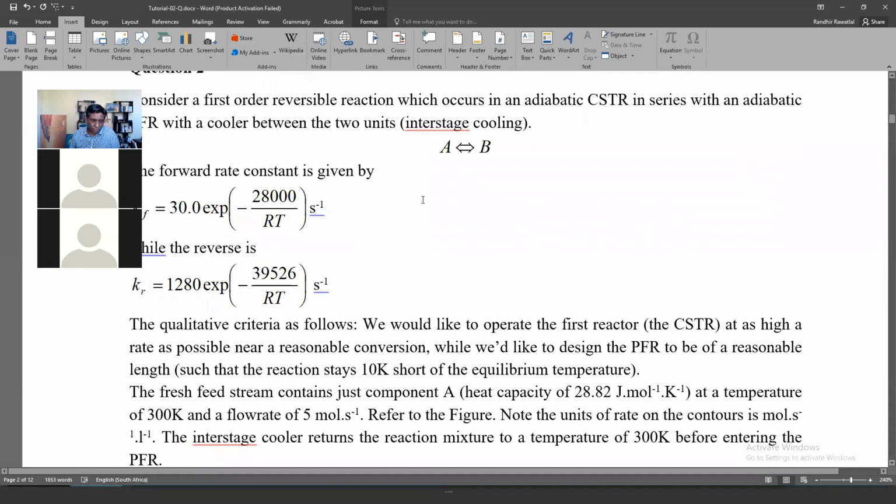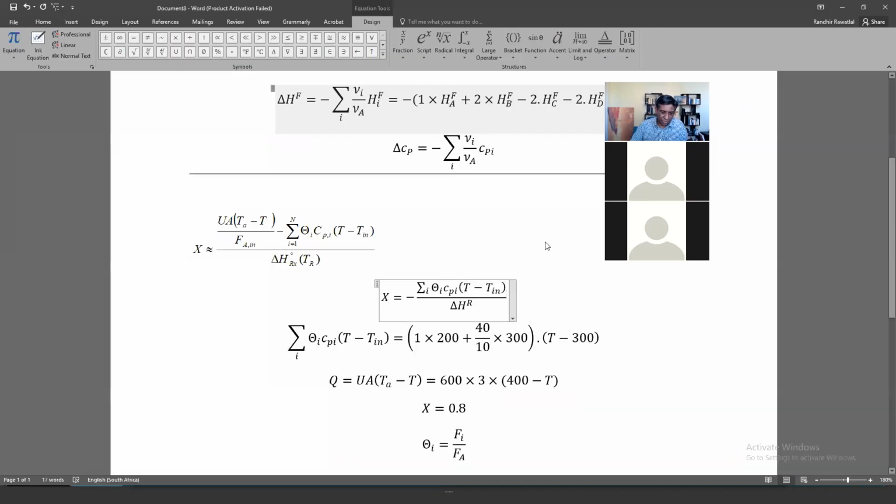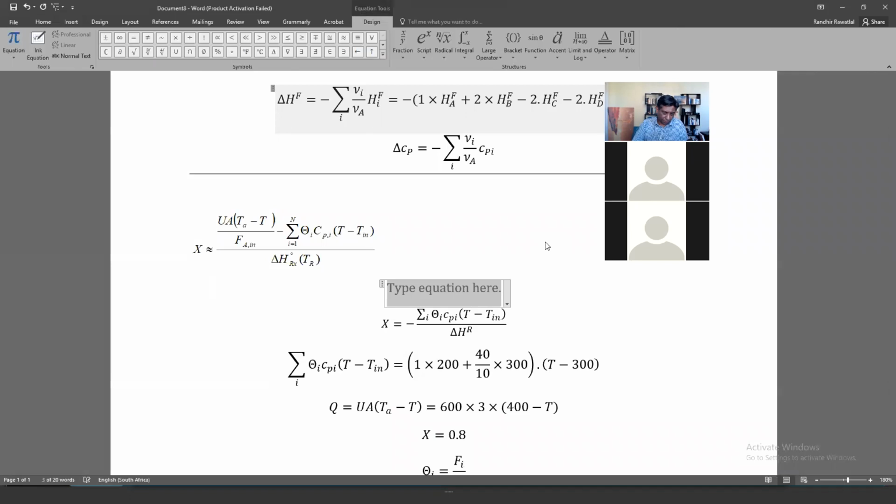If we just look here, remember we said that delta HR could be estimated as approximately E1 minus E2.